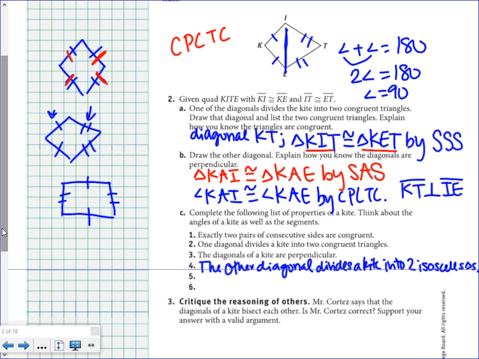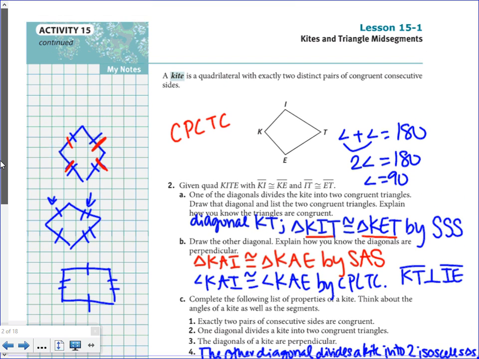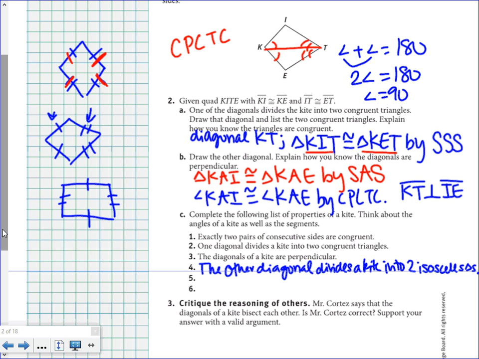Then the other part is going to be dealing with the angles. So if you look, when we drew this diagonal, these angles are congruent because they're corresponding, and these angles are congruent. And so one of the properties is one diagonal bisects a pair of opposite angles.